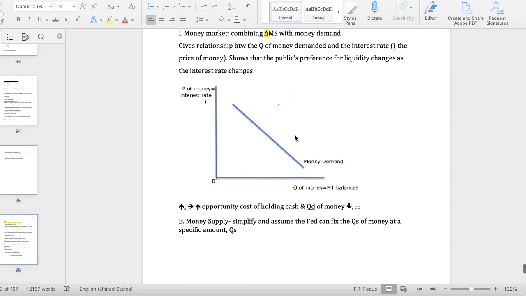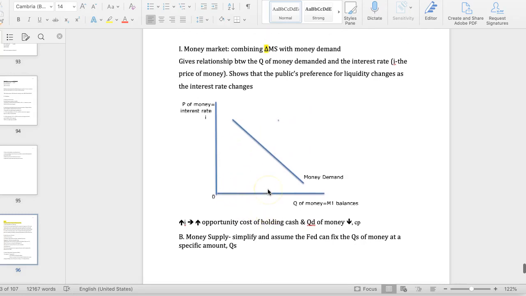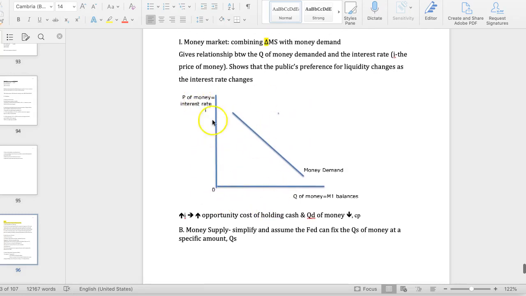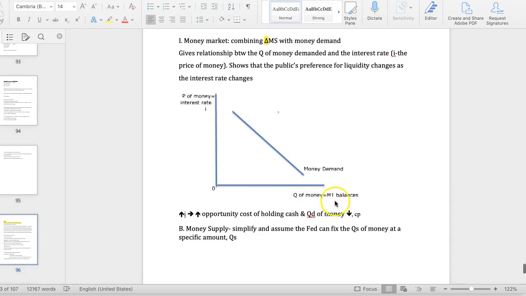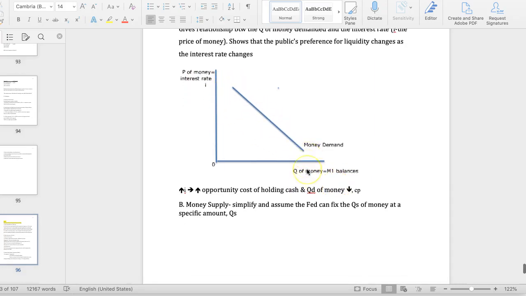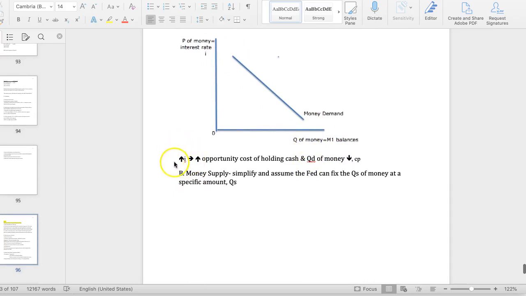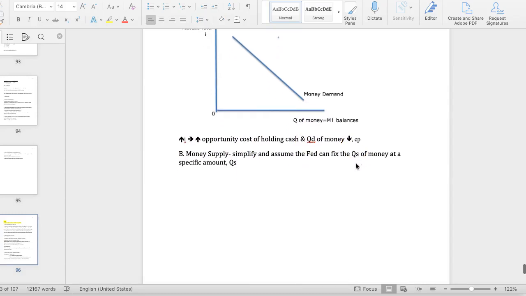So here we have the money market equation, where here we have the price of money, which is the interest rate, i, and here we have the quantity of money, which is the M1 balance, the demand for money. So as the interest rate goes up, that leads to an increased opportunity cost of holding cash, and the quantity demanded of money will go down, ceteris paribus, all other things remaining equal.